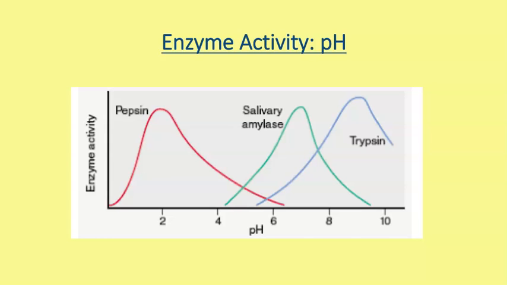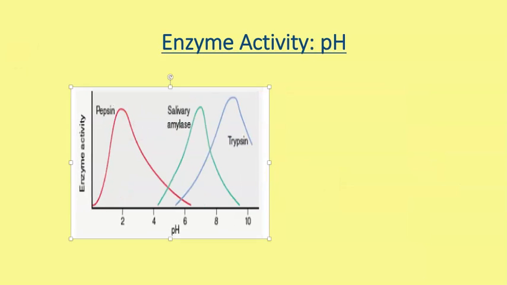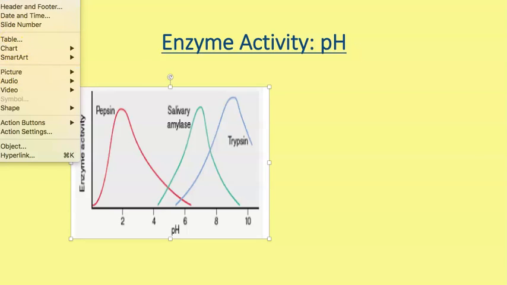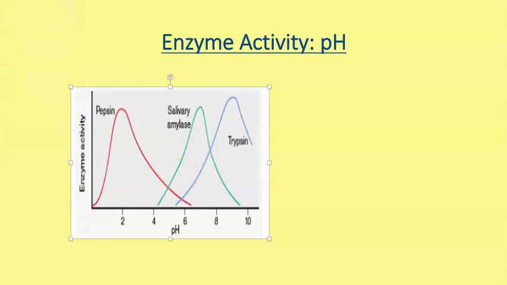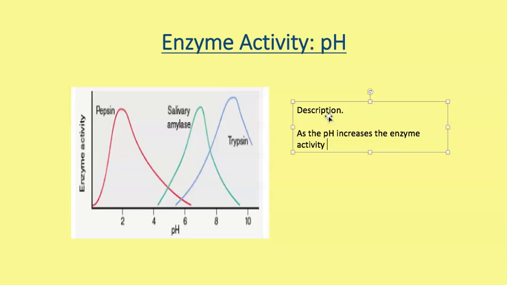Okay, right, let's have a look at enzyme activity then, and let's have a look at pH. So this time, a description here: as the pH increases, the enzyme activity also increases until the optimum.